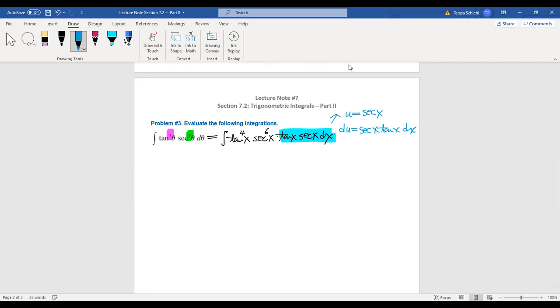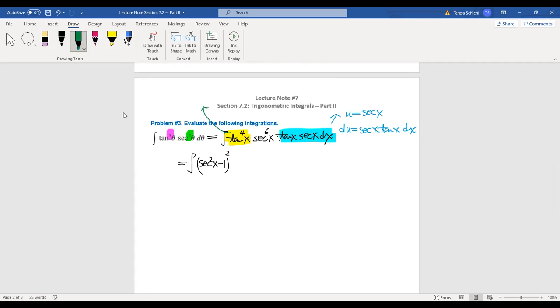Because of that, I know I need to replace the tangent with the secant, right? So now the tangent to the 4th will be secant squared x minus 1, squared, right? Why?